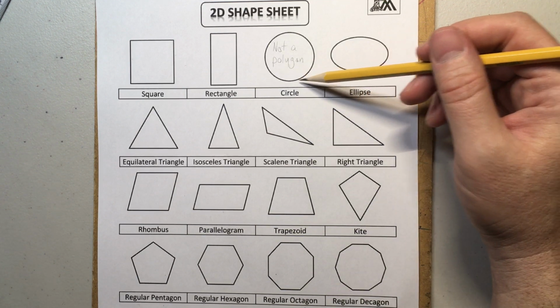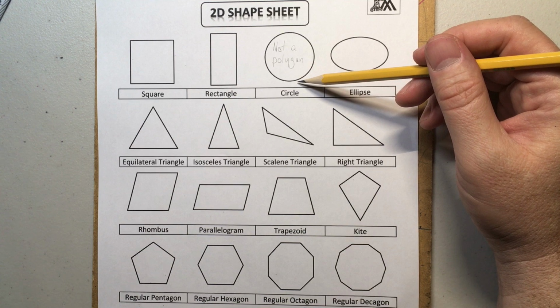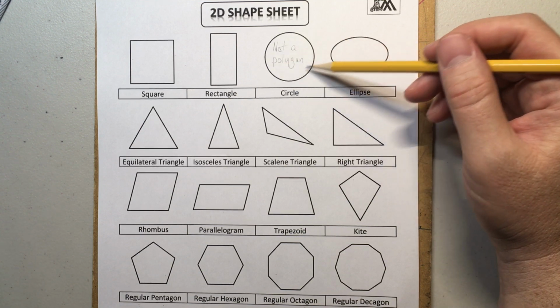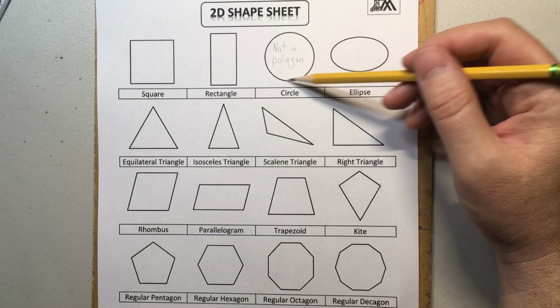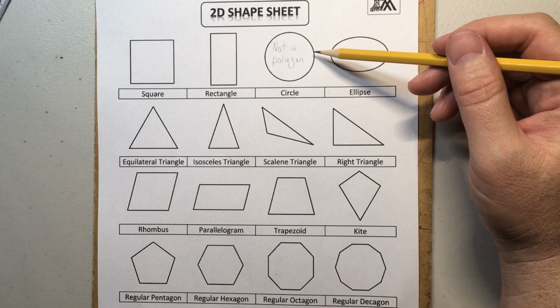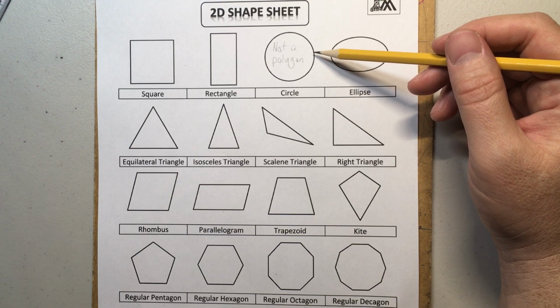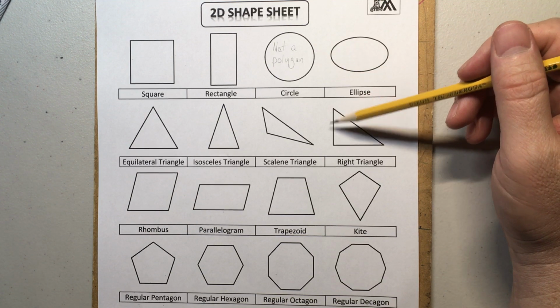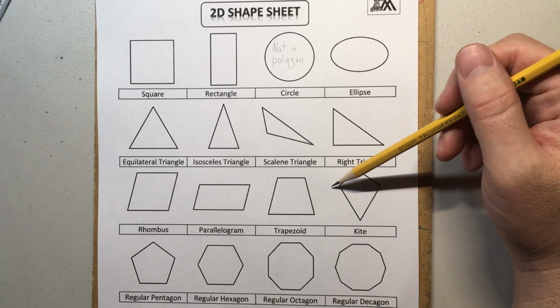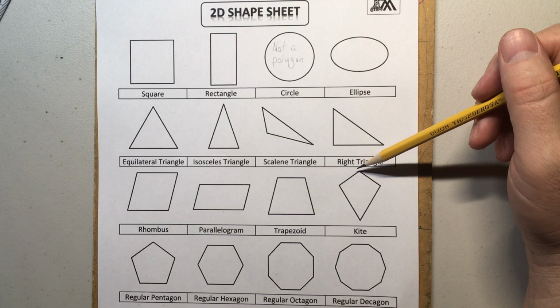Just remember this: it doesn't have a base. Let's imagine that this is plastic or something like that. If I were to put it on a surface, it would roll. All of these other shapes would not roll because they have a base. They have these straight lines. So if you were to put this on a surface, it would be able to stand.